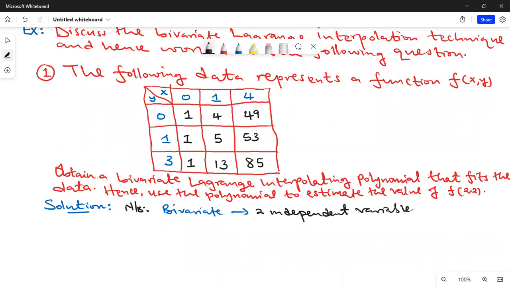So you can say, for example, f is a function of x and y, so x and y are the independent variables. Now, how do we interpolate such a function?